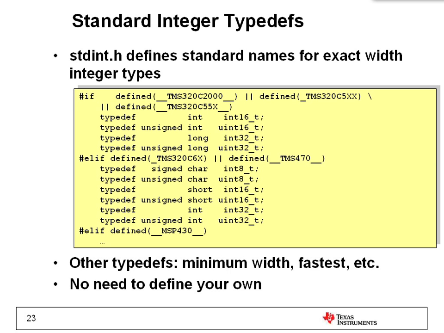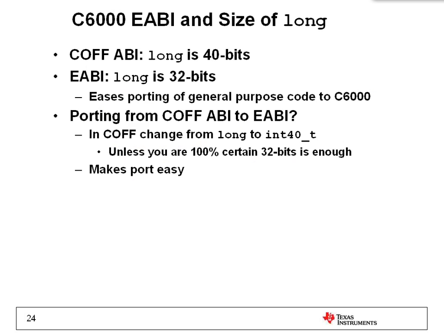There are other types defined in that file for minimum width and fastest type that's at least this size and things like that. But the most popular ones by far are the fixed width ones. So don't go off and define your own. Use these.